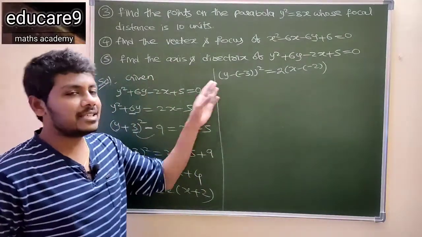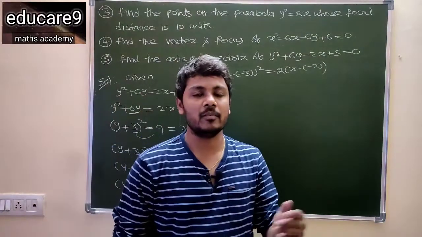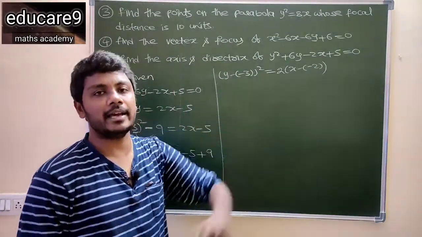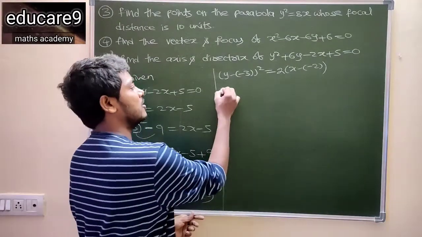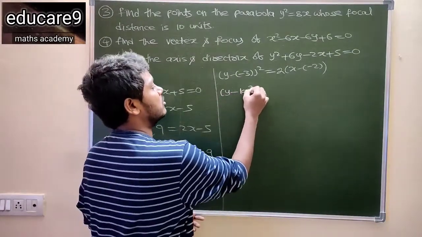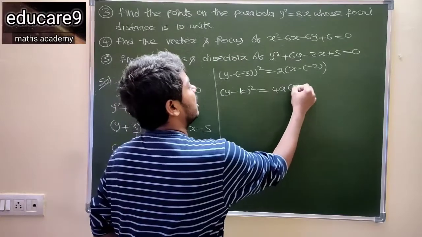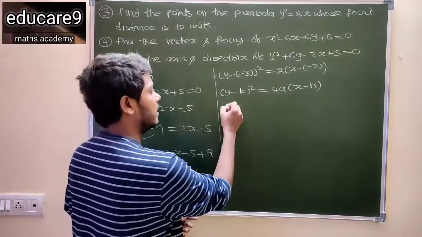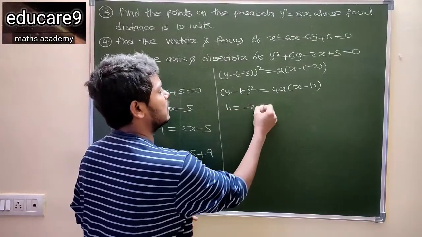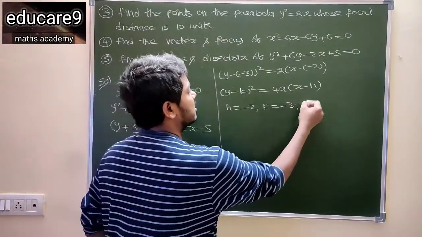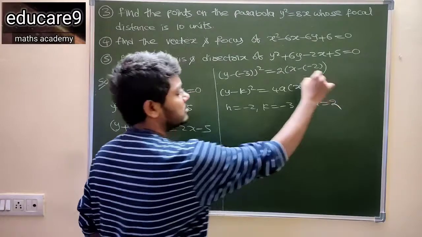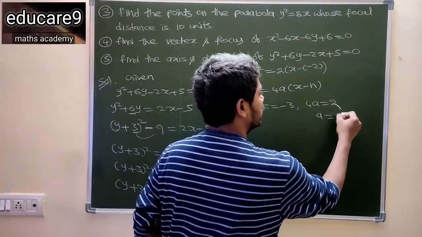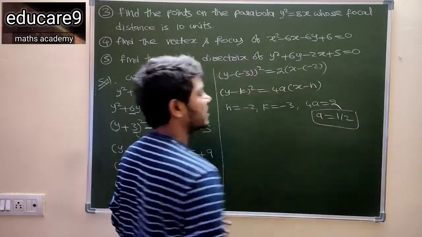So clearly this equation is of the form (y - k) whole square is equal to 4a into (x - h), where h is equal to -2, k is equal to -3, 4a is equal to 2. So from that, the value of a is equal to 1/2.